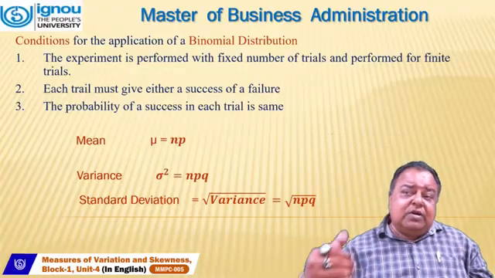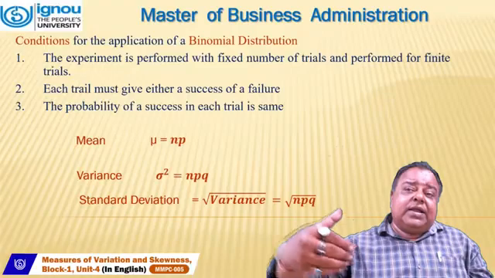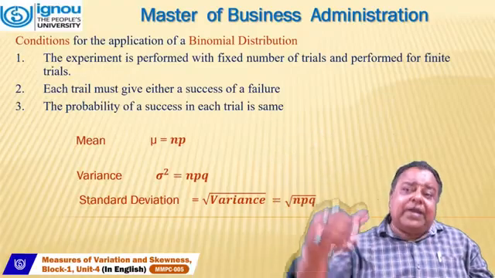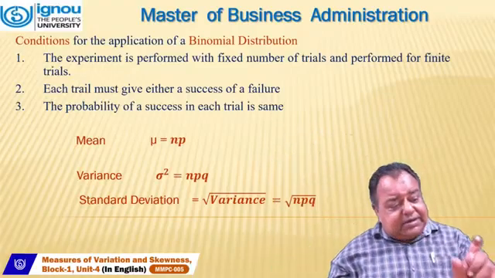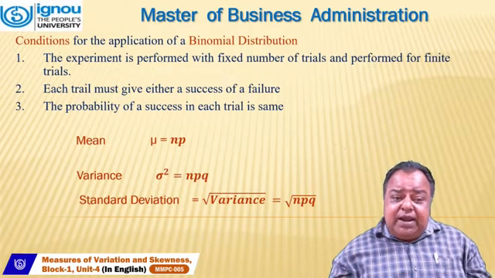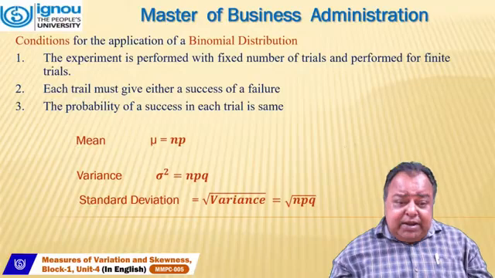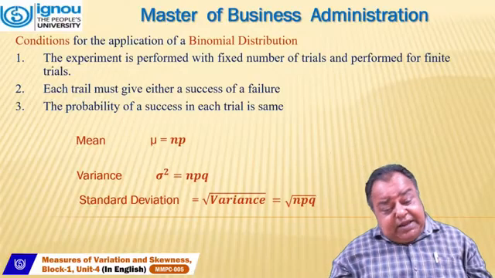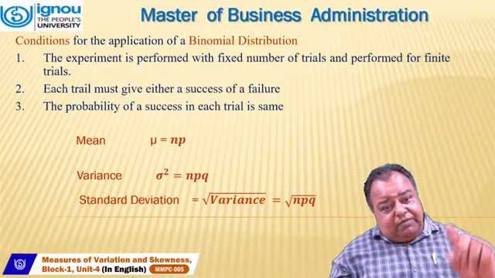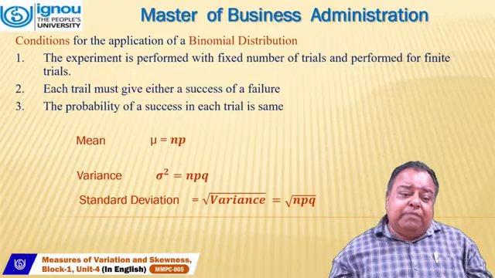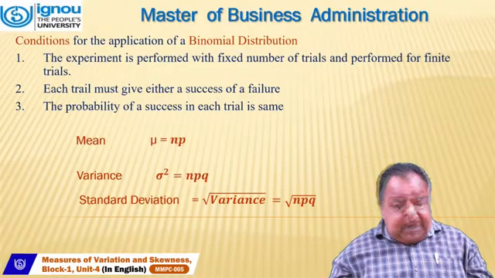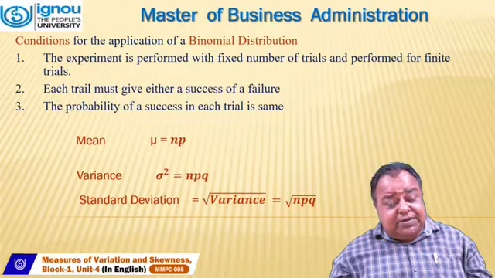It cannot be said that it continues till a win occurs. It has a specific number. Each trial must be either a success or a failure, and the probability of success in each trial is constant.